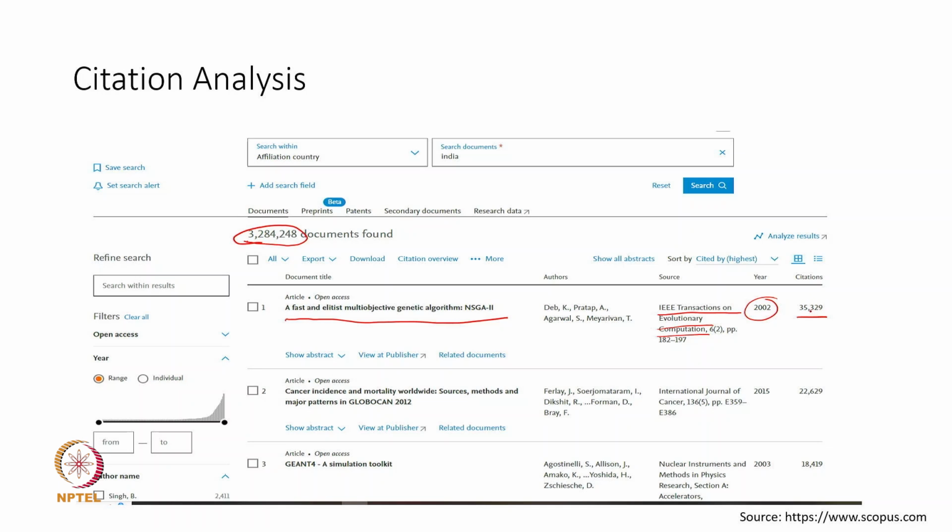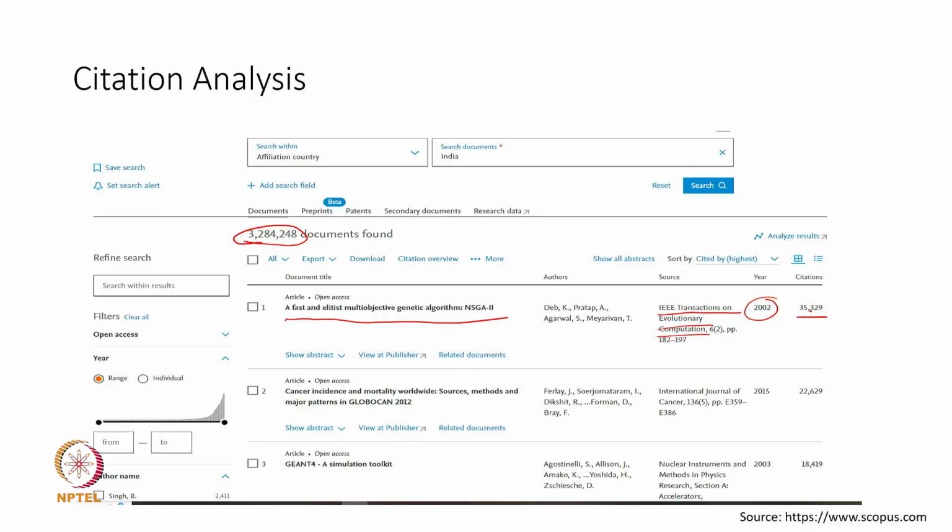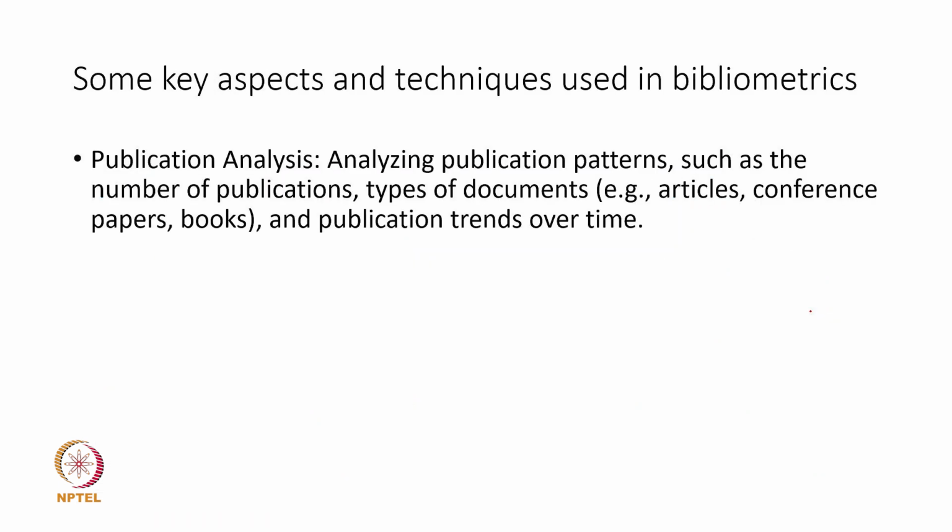That means we are analyzing the citations received by an article over a period of time using bibliometrics.